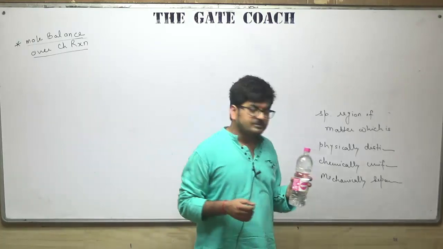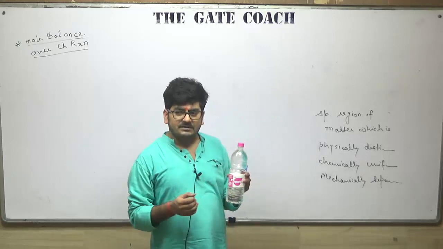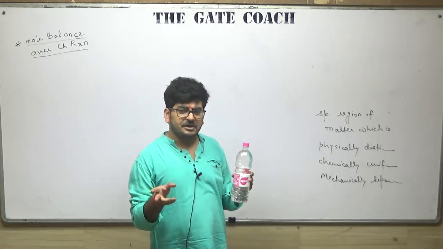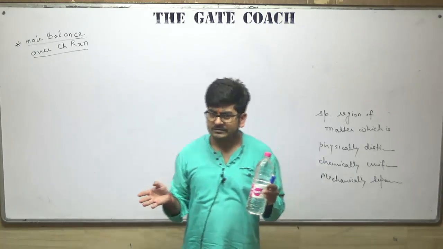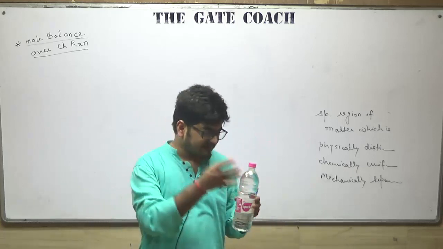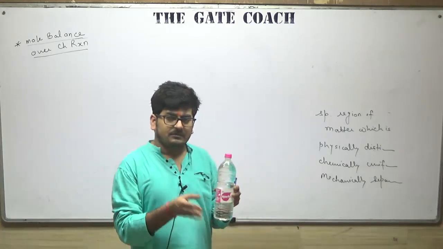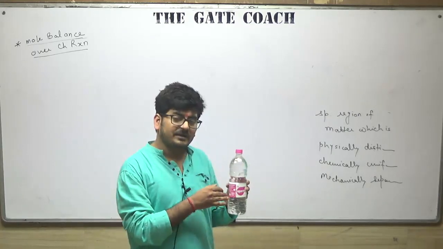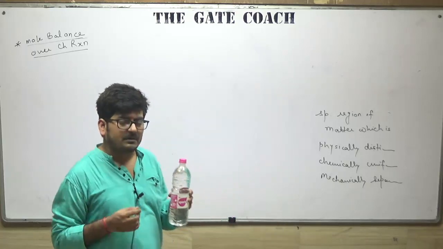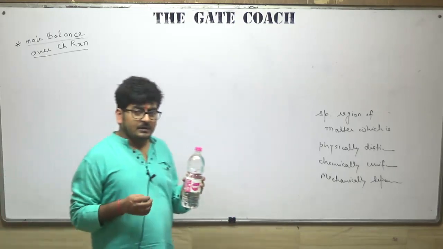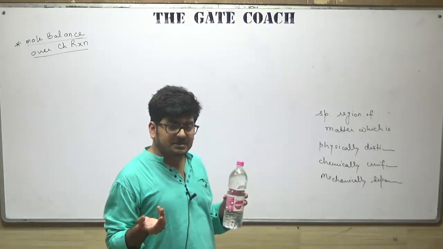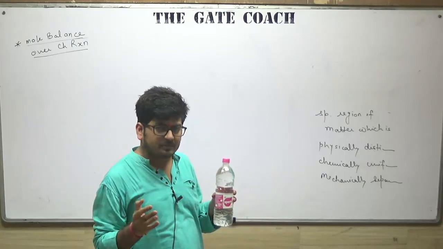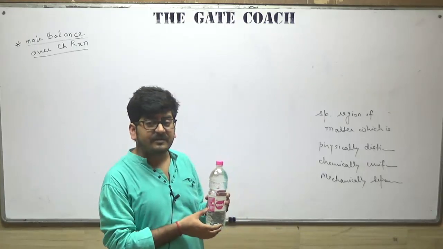Initially we can easily distinguish between salt particles and water molecules. But when the salt particles enter the water, the salt will get dissolved and we cannot distinguish between the salt particles and the water molecules. Okay, simple. Physically distinguishable means with your eyes you cannot distinguish between the salt particles and the water molecules. So for us that will be a one-phase mixture.